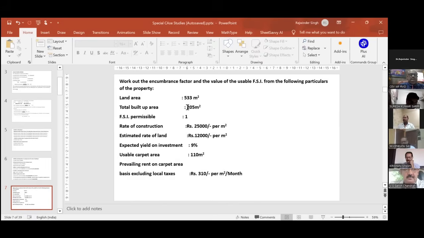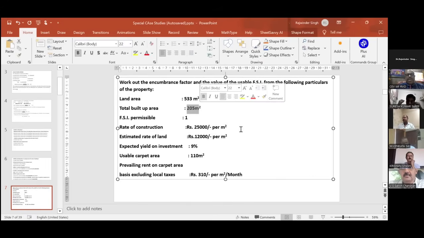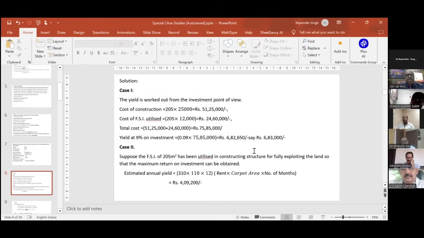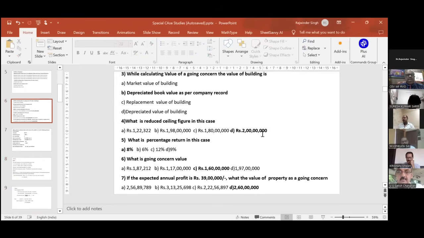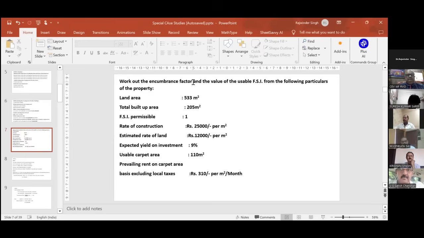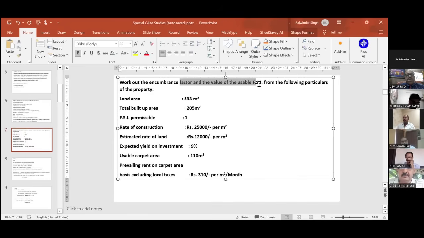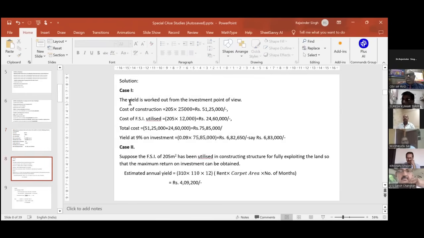Here the total built-up area is 205 square meter, which is given to you. So we have to find out the value of useful FSI and encumbrance factor from the data. In the first case, from the data, we will calculate the value of FSI first. See case 1.